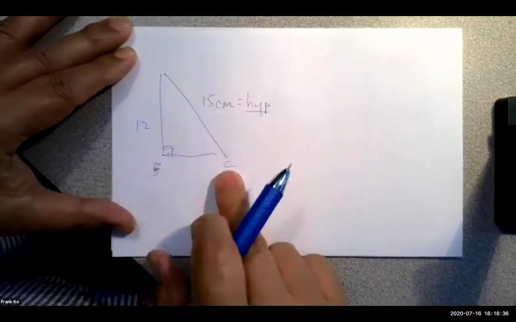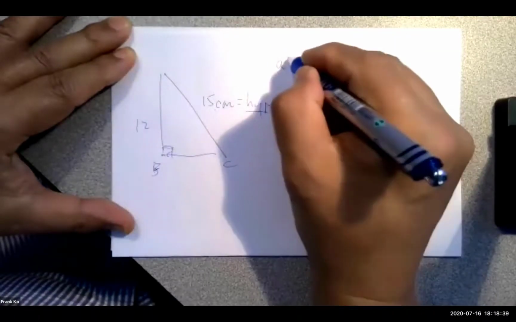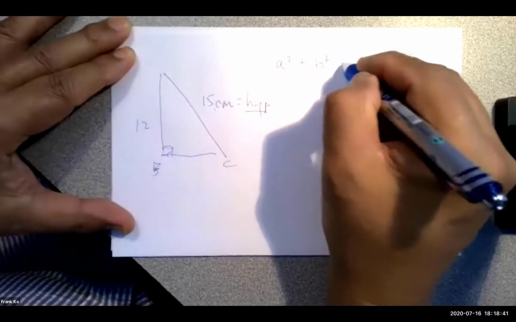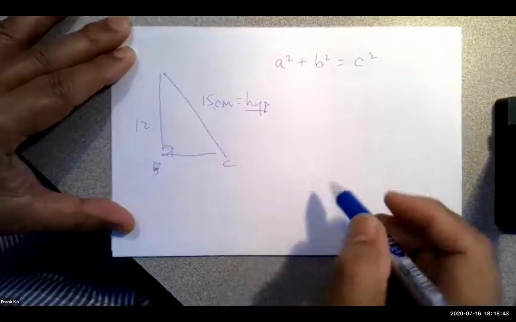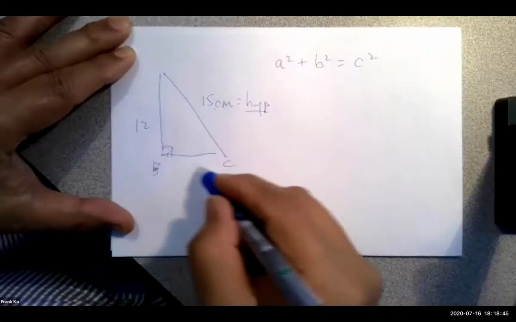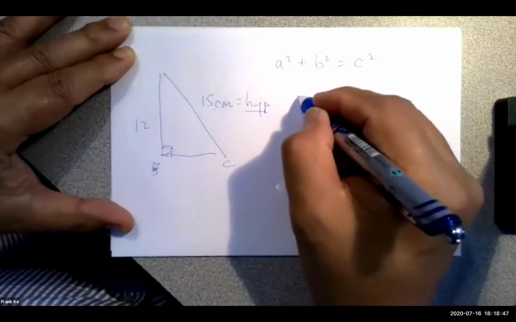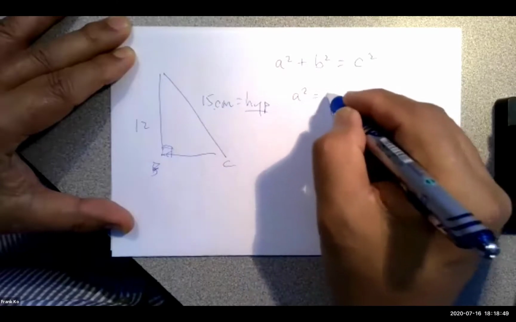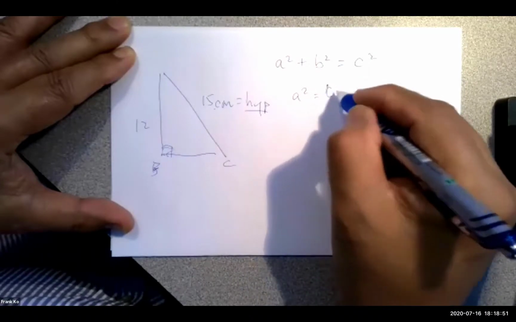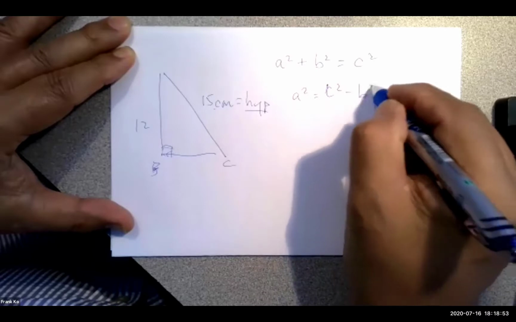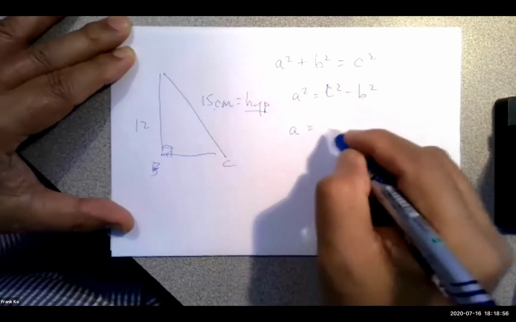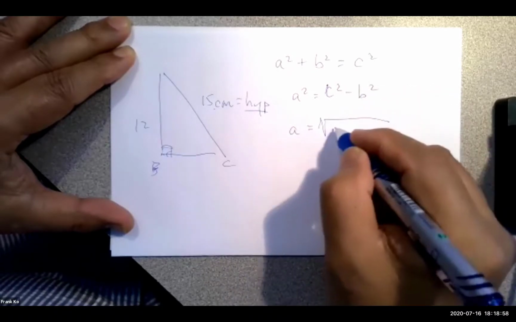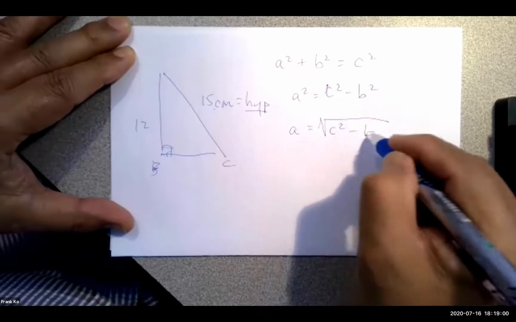So if we know the longest side, remember your equation was a squared plus b squared equals c squared. We're looking for one of the sides. So a squared is equal to c squared minus b squared. Or simply a is equal to square root of c squared minus b squared.